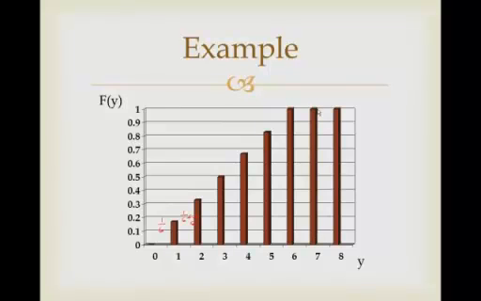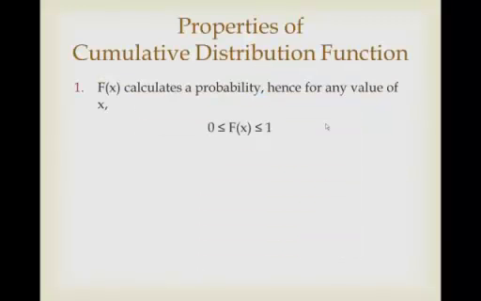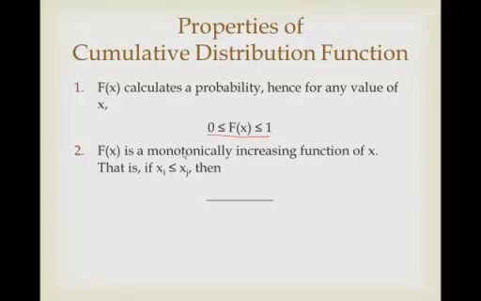So cumulative probability functions are really pretty darn straightforward. Now, the properties for the cumulative probability function, of course, are that they're going to range between 0 and 1. And the cumulative distribution function is a monotonically increasing function. So that means that if you've got an x sub i which is less than x sub j, then the cumulative distribution function is going to vary in exactly the same way.